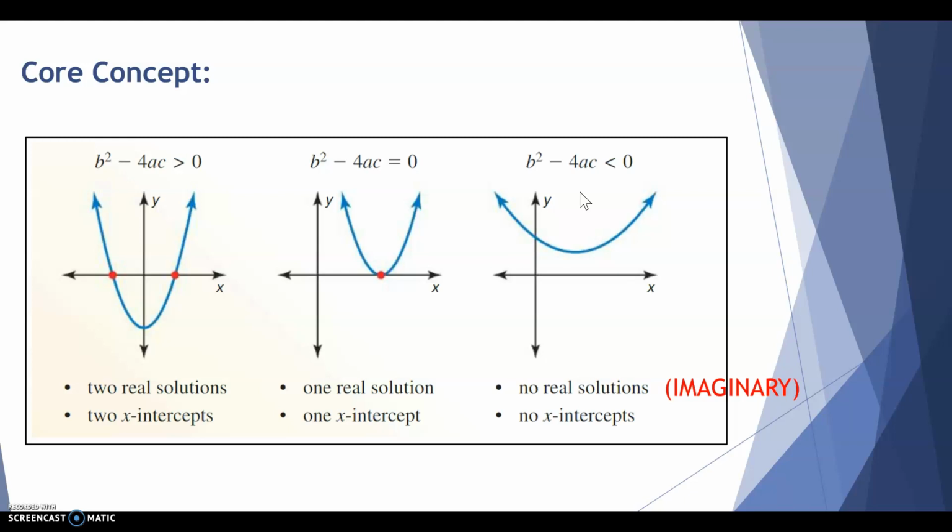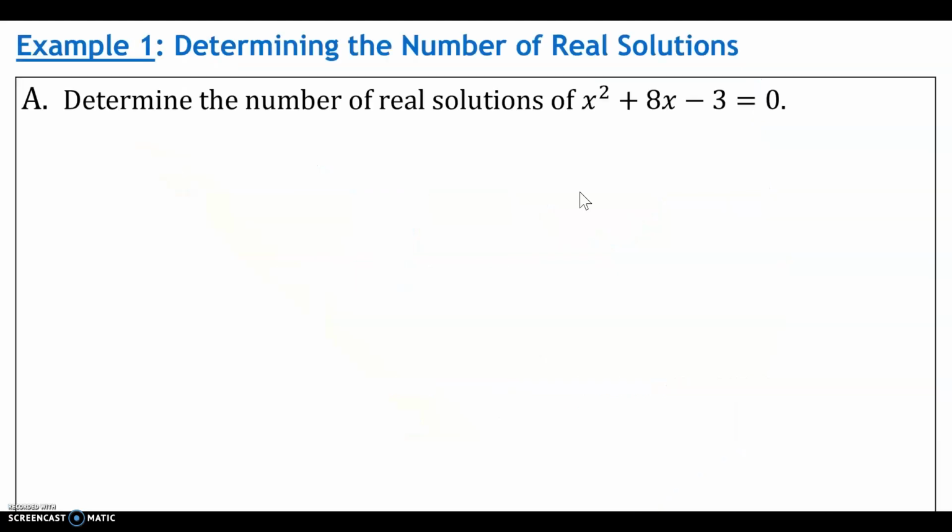Again, super easy. You're going to determine the number of real solutions of that equation. You are not solving these. The first thing we should do is write down our discriminant.